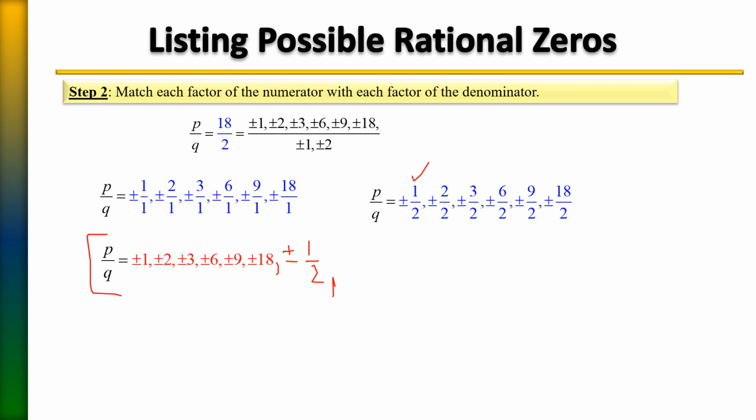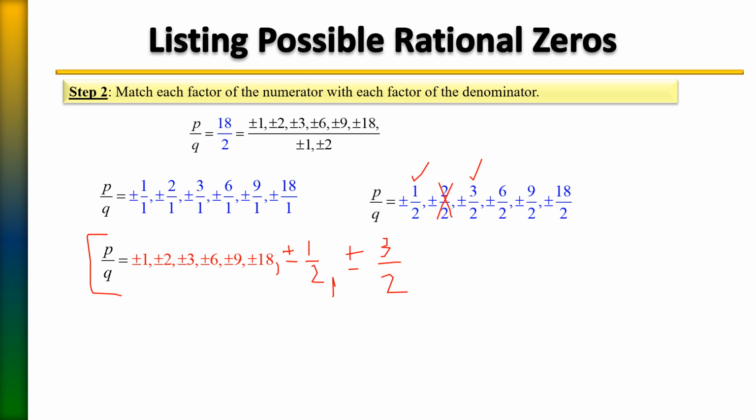How about 2 over 2? 2 divided by 2 equals 1. We already have that on our list, so we don't want anything that repeats itself. Okay, next, 3/2. 3/2 is not on our list, so let's add that to our list. So it's going to be plus or minus 3/2. 6 divided by 2 equals 3.